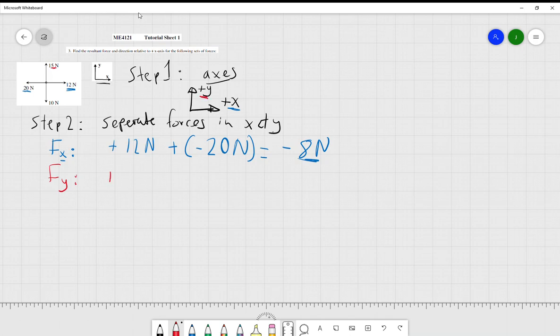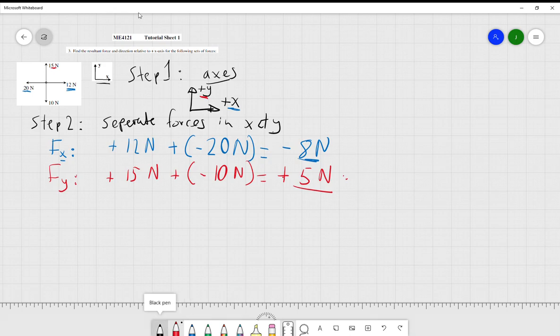So we'll go positive 15 Newtons plus, now we know this is in the negative y, so this is going to be brackets, negative 10 Newtons. So that equals, we have 15 minus 10, so we have a positive 5 Newtons in the y. So this is our y direction, and here is our blue in positive.